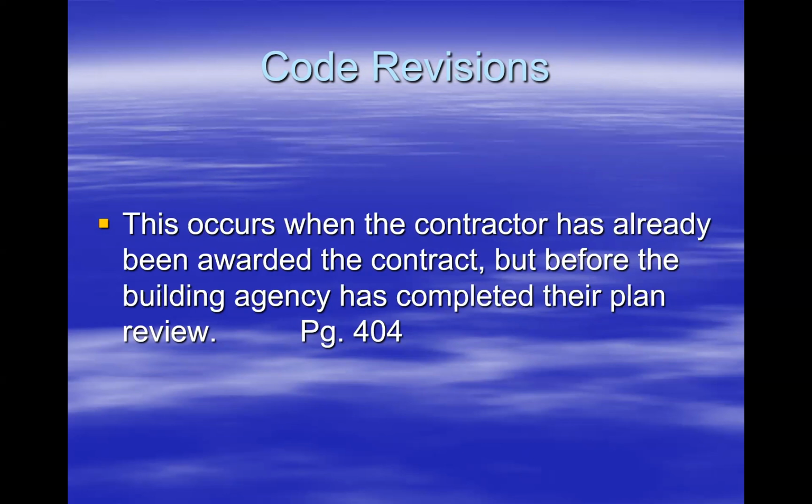Now, generally my experience has been, if a building permit was issued under a certain code, and then the code changed during the course of construction, the project is required to be built under the previous code, the code that the building permit was issued under.